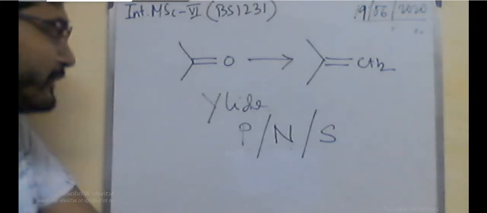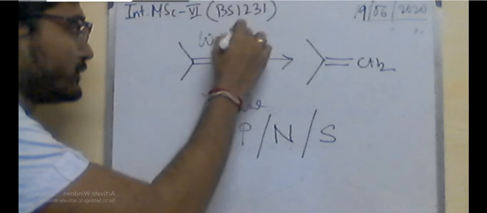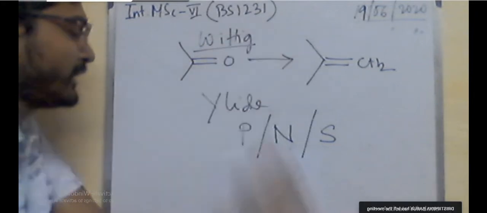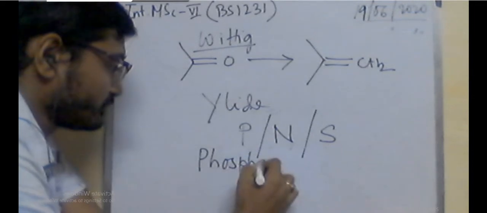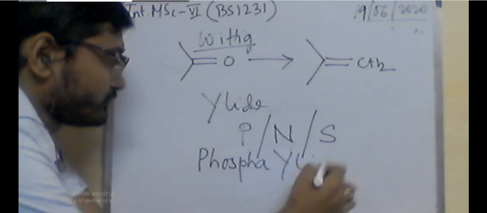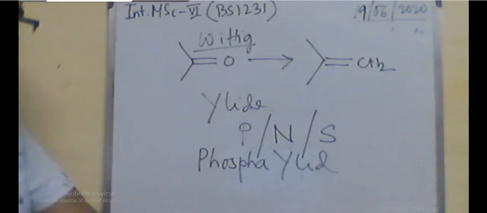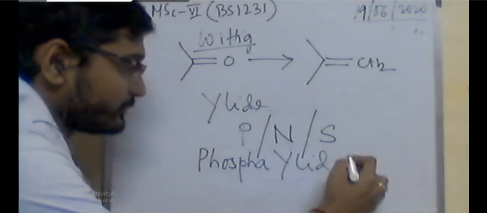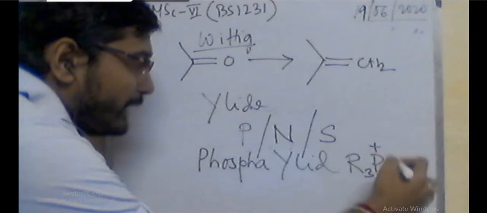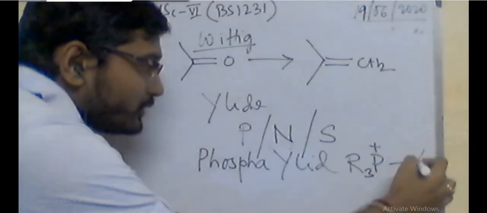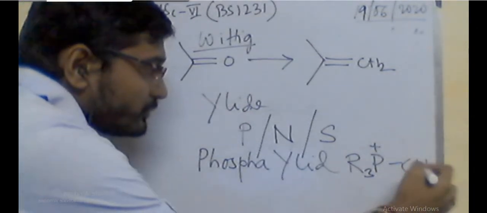Generally for the Wittig reaction, the ylide used is the phosphylide. The general formula of the phosphylide is R3P plus CH2 minus. It may be CH2 or CR2.